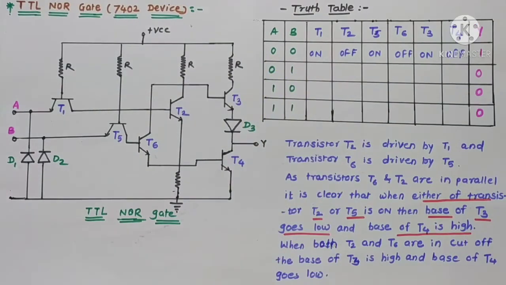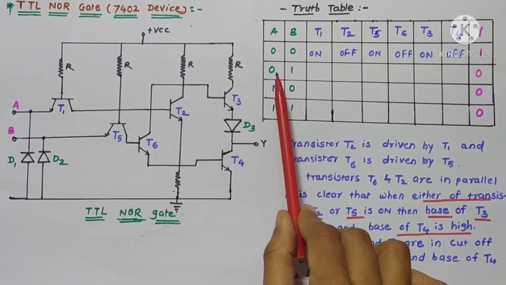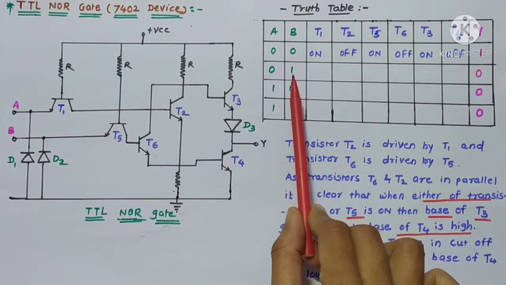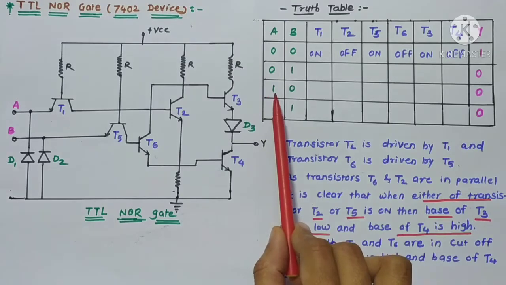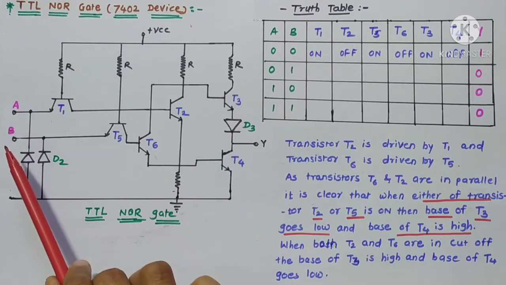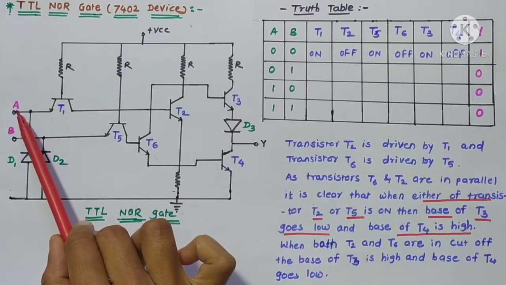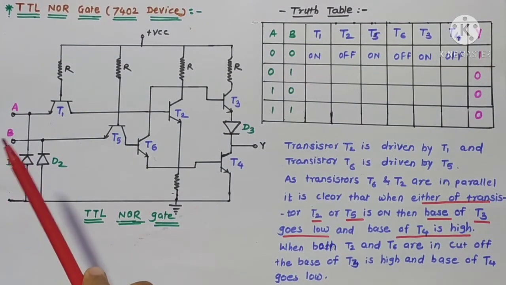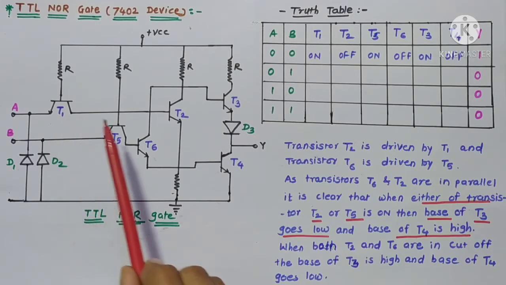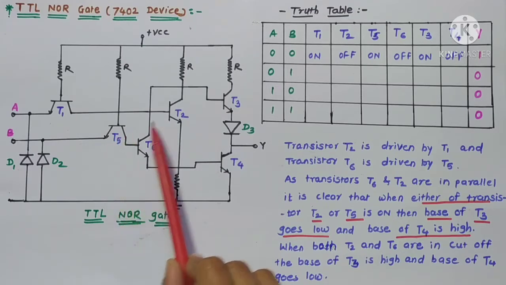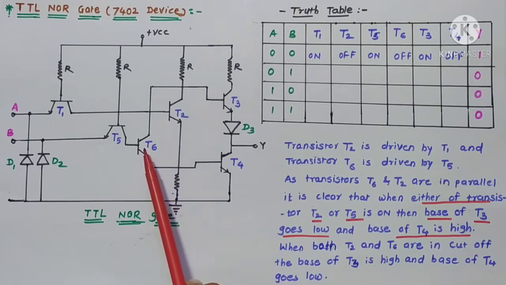Now, let us see the second case. Students, if you observe case 2, when A is equal to 0 and B is equal to 1, and in case 3, when A is equal to 1 and B is equal to 0, it means that when either input is high, when A is high or B is high, one of the transistors T1 or T5 becomes cut off. As one of them becomes cut off, it will make transistor T2 or T6 on.